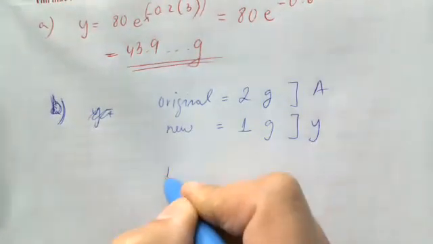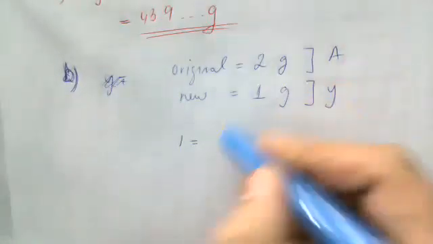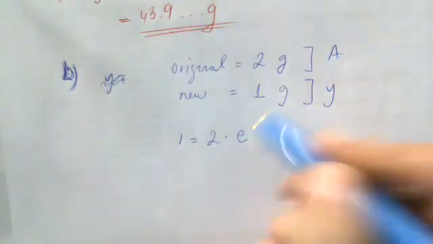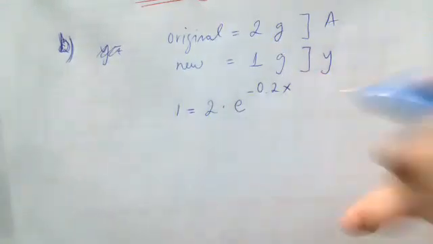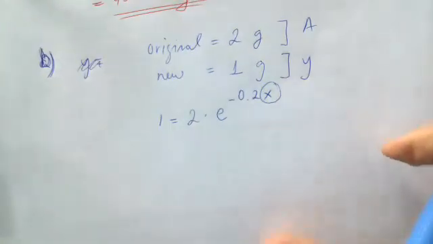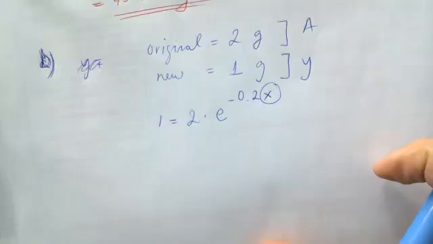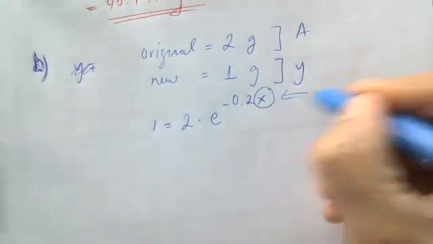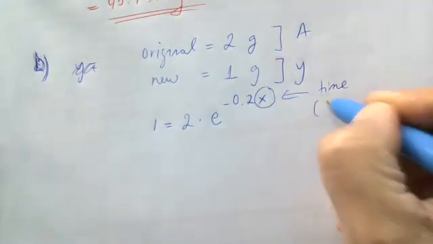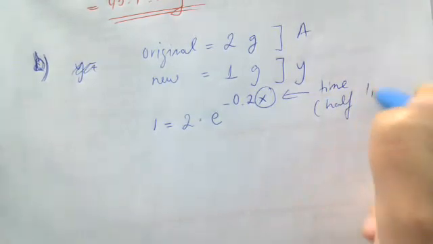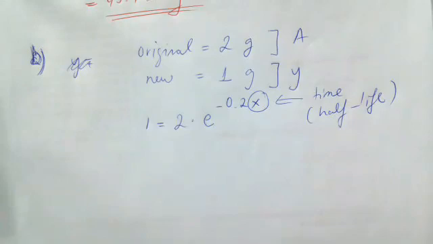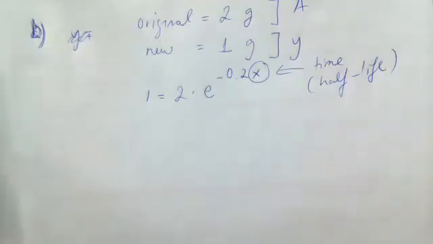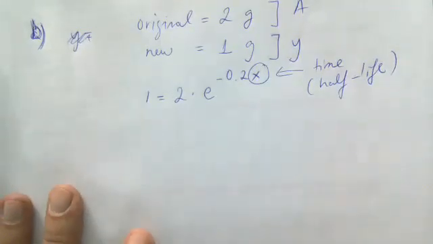So you put 1 equals 2 times e to the negative 0.2x, and you're searching for the half-life, the time. This is just like any other exponential equation we've done so far.